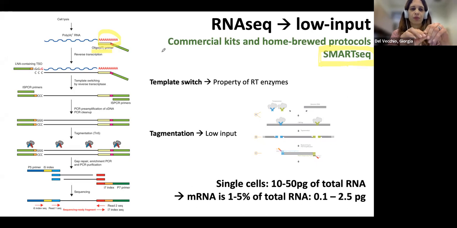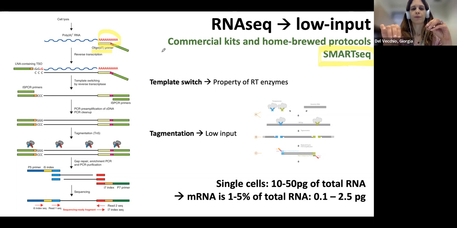Even if you are capturing with poly-T, you are not going to recover all the messenger RNA in your sample. You're going to lose some. So since we are working with a low amount of RNA, that's not a good approach. We need a different approach.